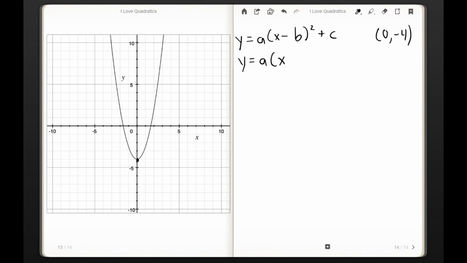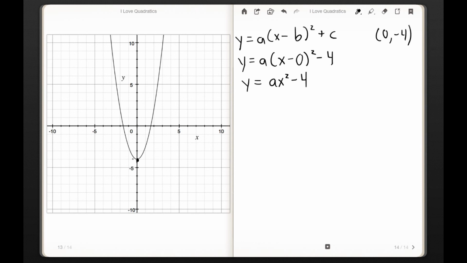So we'll get x minus 0 squared plus c of -4. x minus 0 is just x, so we can just rewrite this as ax squared minus 4.